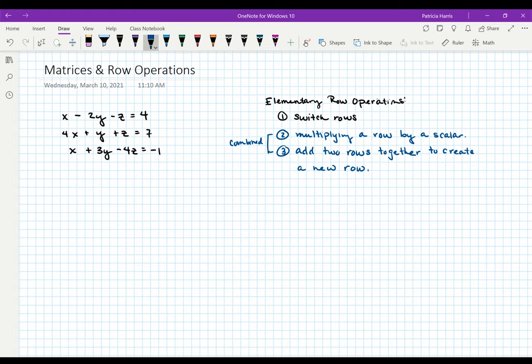Now the goal of elementary row operations is to get your system, okay, to look a certain way. So what we're aiming for is to rewrite the system so it is in what we call row echelon form.